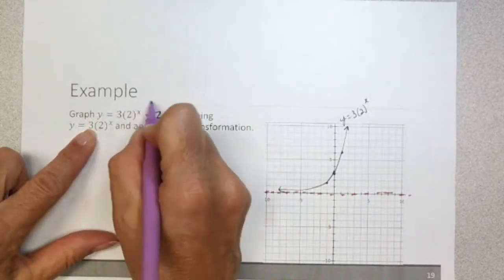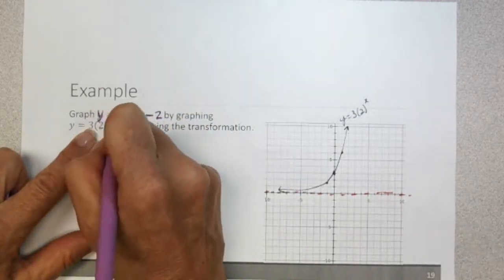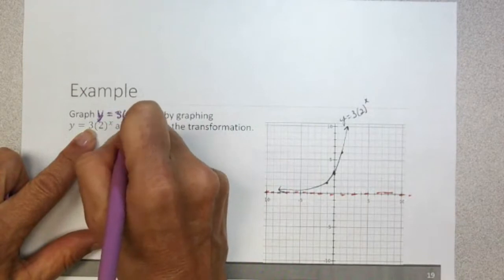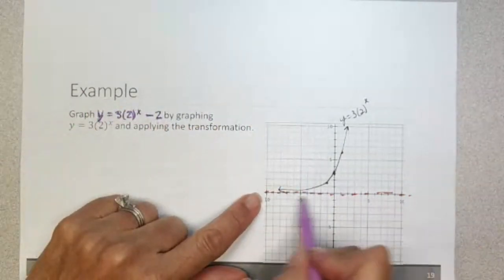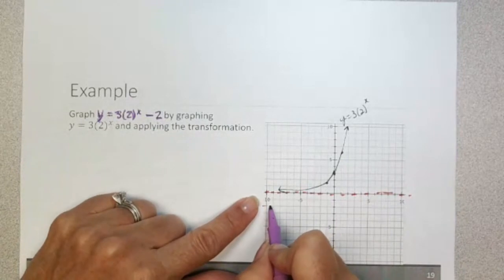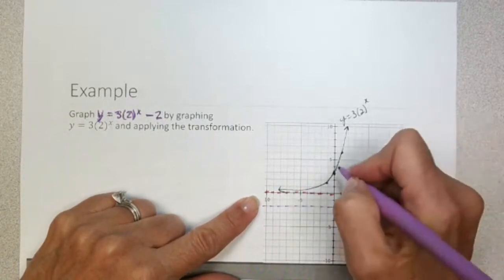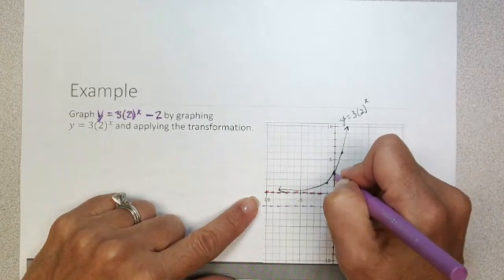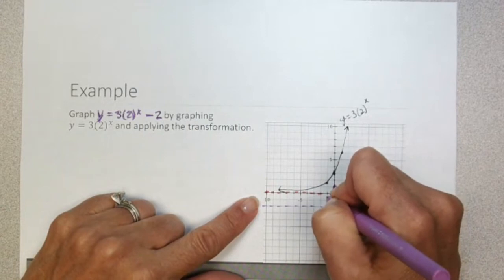If we're going to graph 3 times 2^x minus 2, we're just going to shift everything down 2. So our horizontal asymptote goes down 2. Our vertical intercept goes down 2. The other points we plotted move down 2 units.